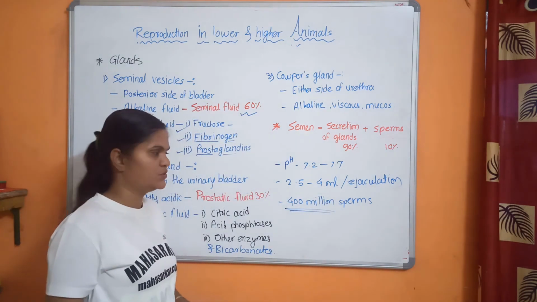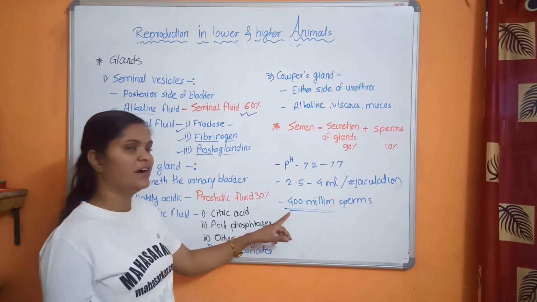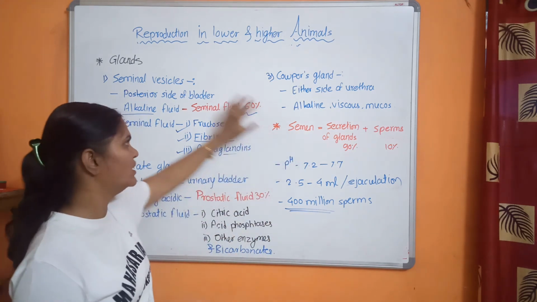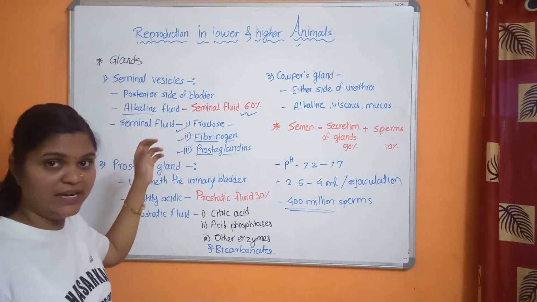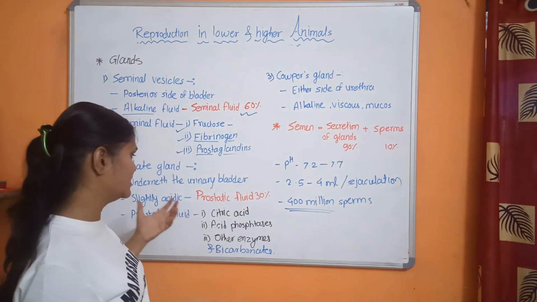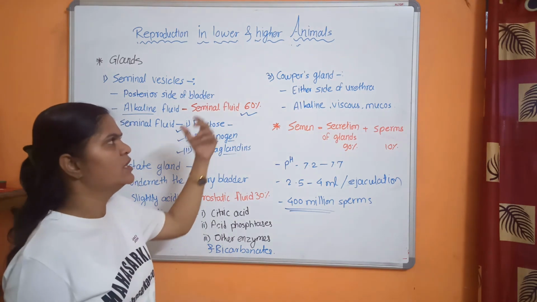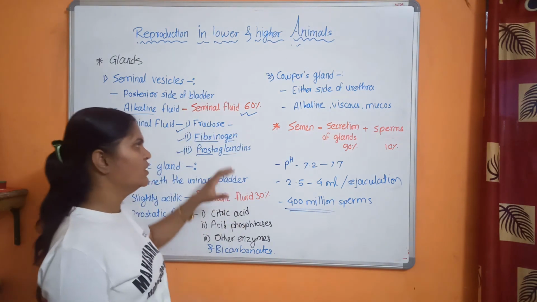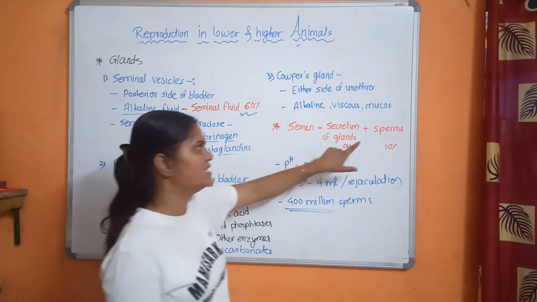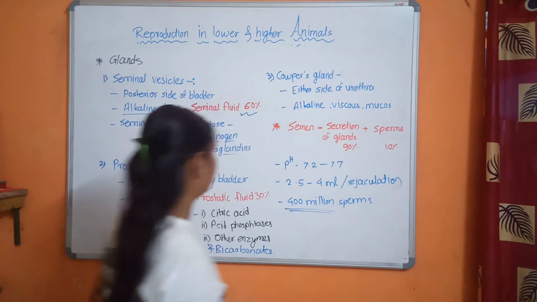The seminal plasma also contains fructose, fibrinogen, prostaglandins, citric acid, bicarbonates, acid phosphatases, enzymes, and the mucus also. So semen is the secretion of glands, that is seminal plasma, and sperm cells.